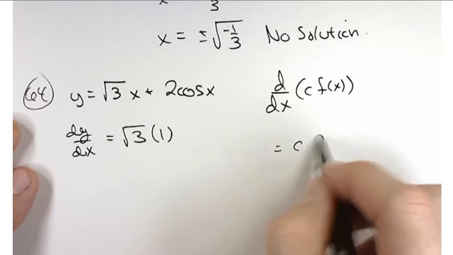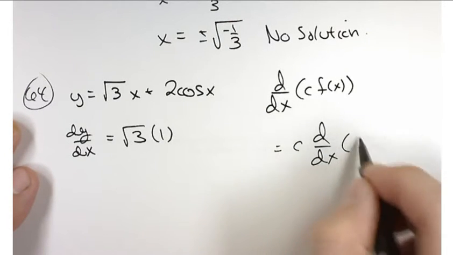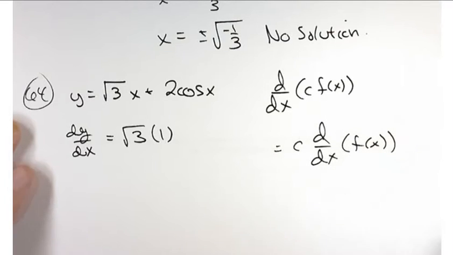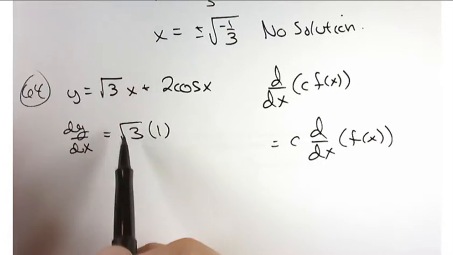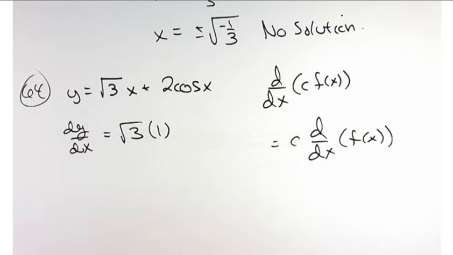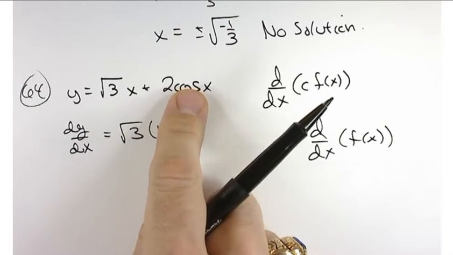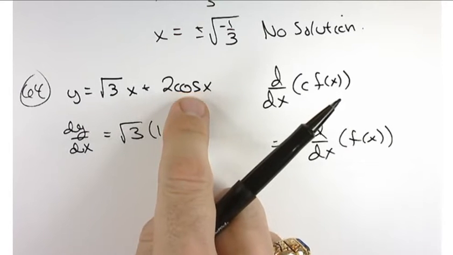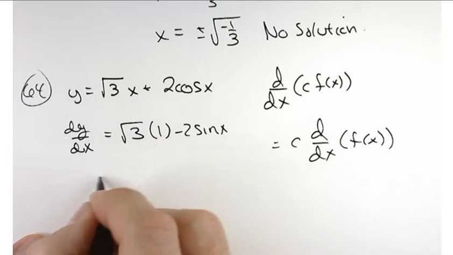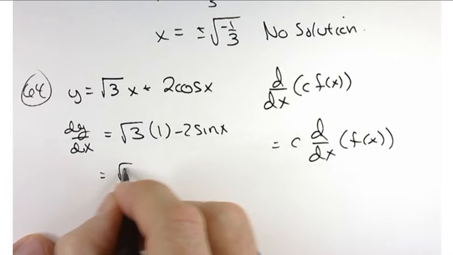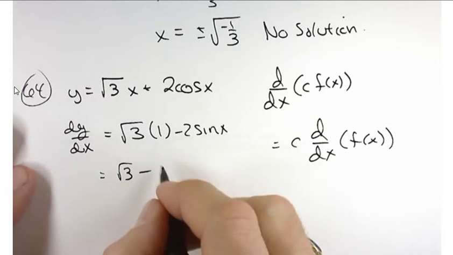It's going to be the constant times the derivative of the function. So I'm just going to look past this, differentiate the function, and then multiply by the constant. Derivative of 2 cosine of x is minus 2 sine of x. So square root of 3 minus 2 sine of x.